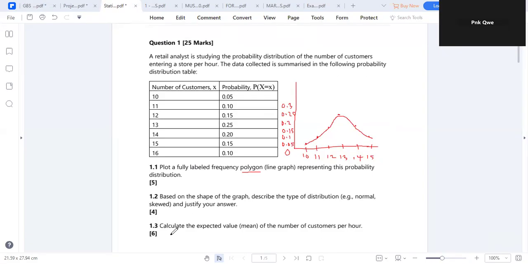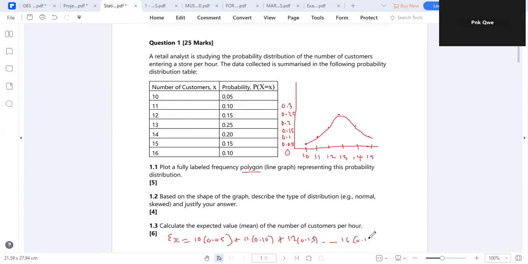How do we calculate the expected number of customers? Summation of x times p(x) is equal to 10 times 0.05 plus 11 times 0.10 plus 12 times 0.15, until the last figure, 15 against 0.10.